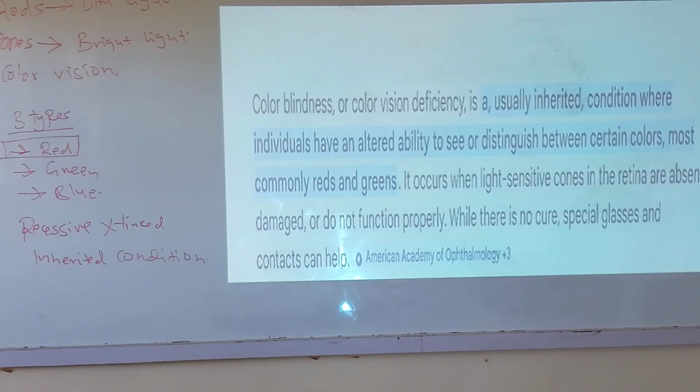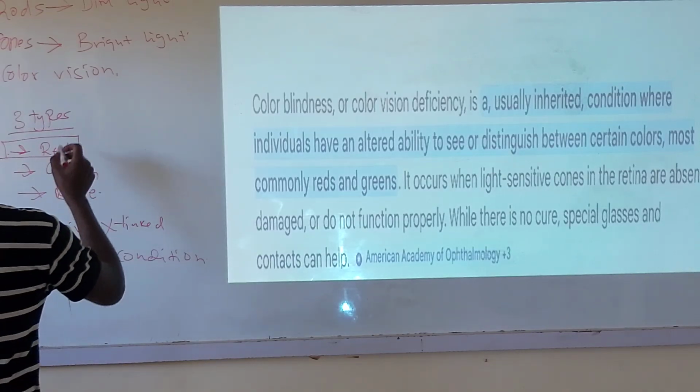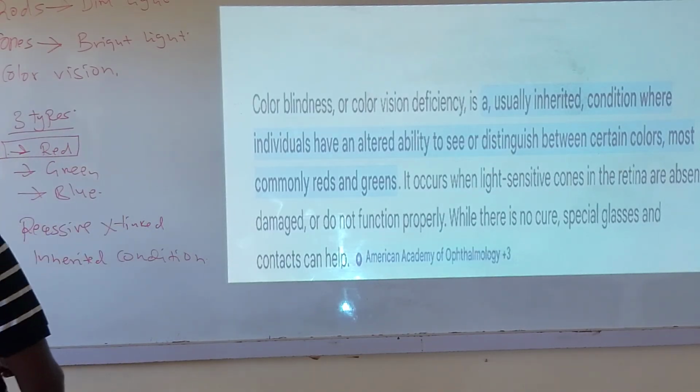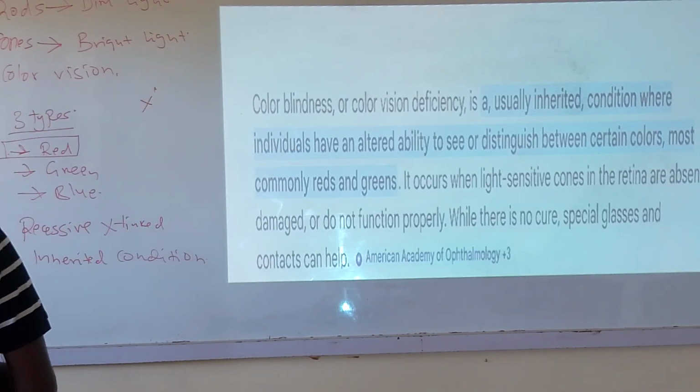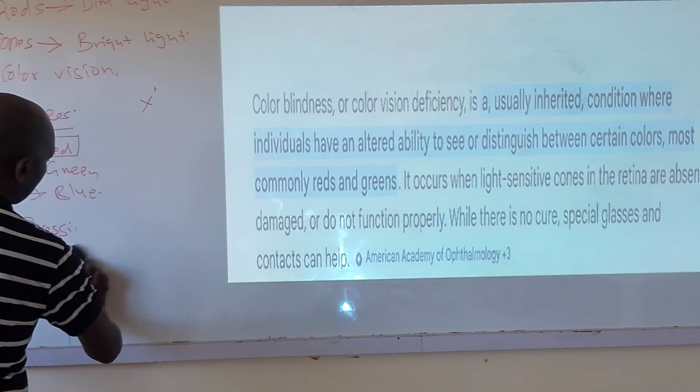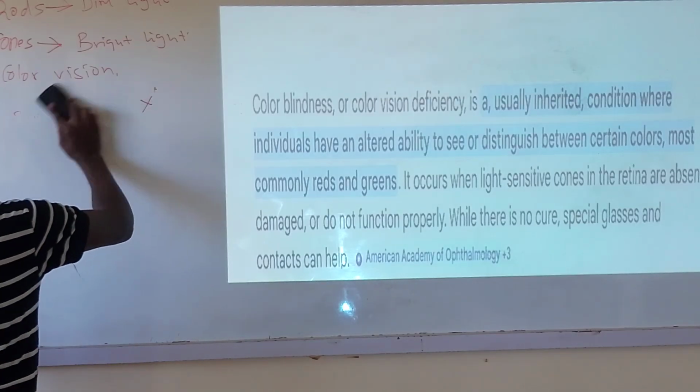It means the genes that determine color vision are linked to the X chromosome. Let me just grab this so that we can talk about this issue in detail.